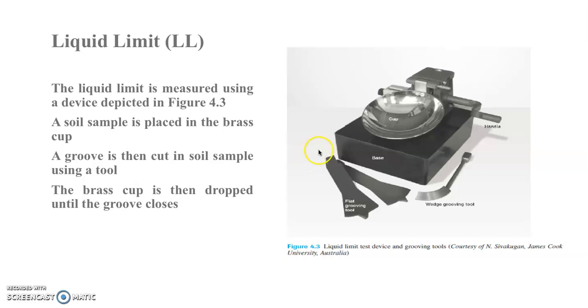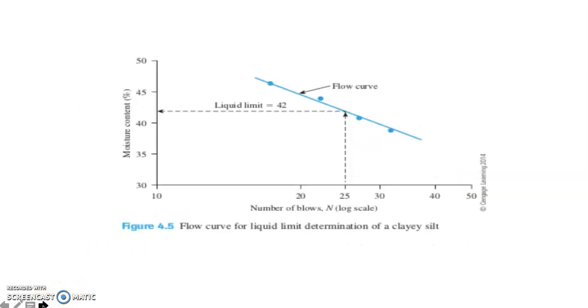You go with the second trial, and your N on the second trial was 25. So you will not have the third and fourth trial, you will not have the graph, because you have obtained N equal to 25, and the moisture content corresponding to that is now your liquid limit. So that is the discussion for the performance of the liquid limit.